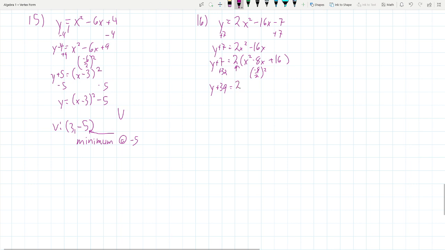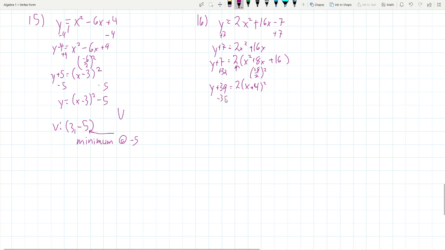equals 2x plus, or not plus 4, x minus, oh, this was a plus, that's why I messed it up. Okay, x plus 4 squared.